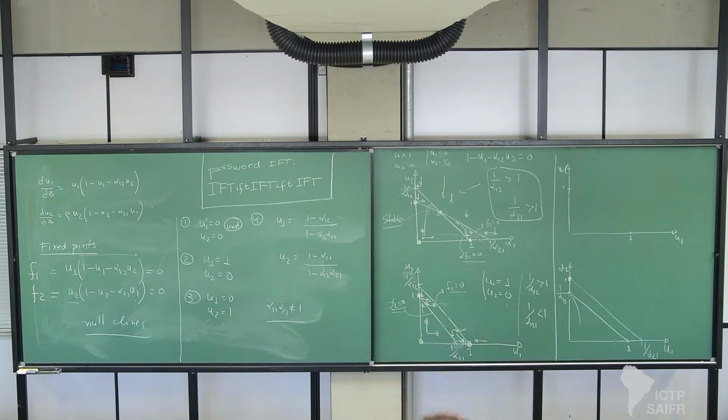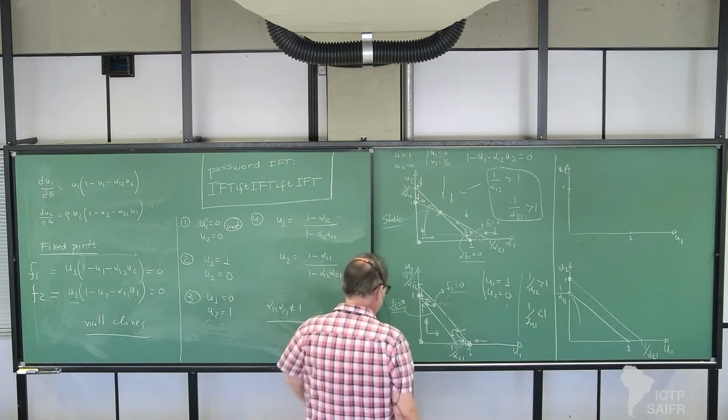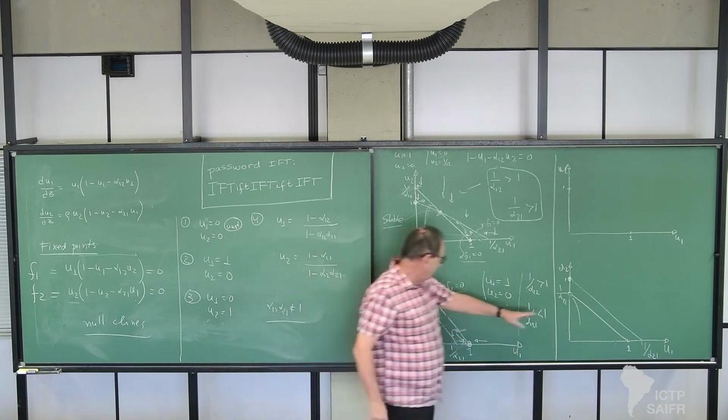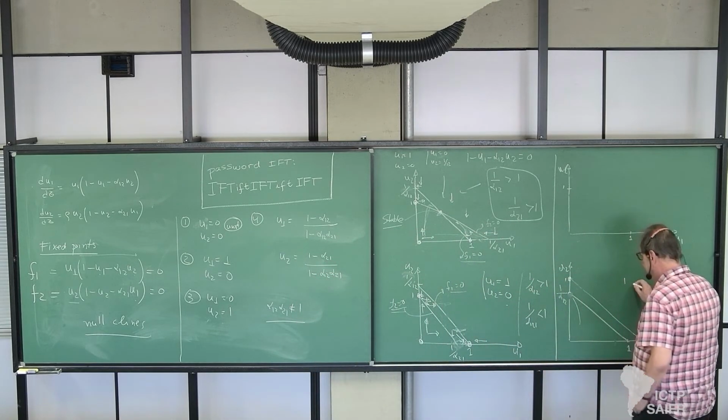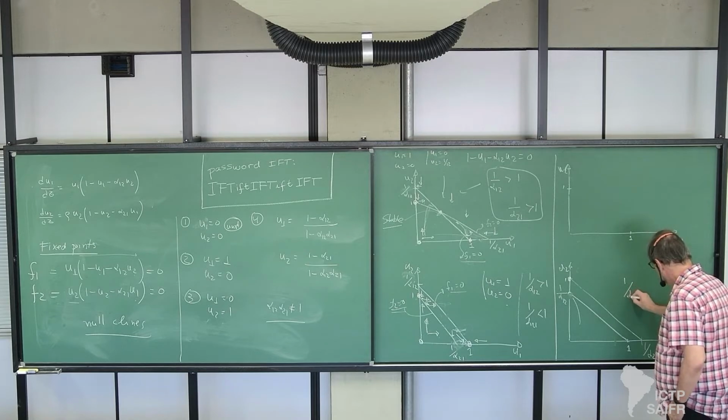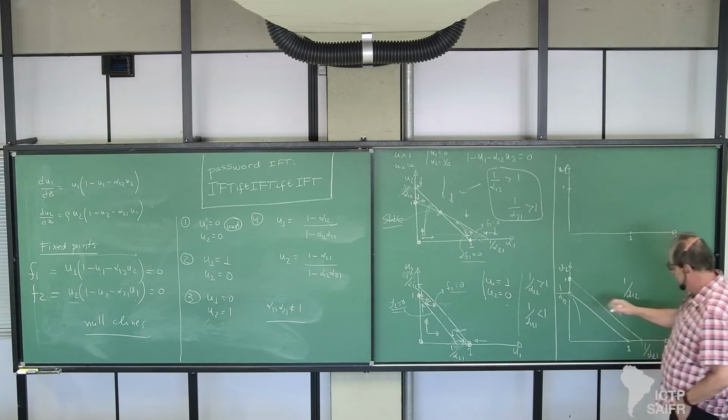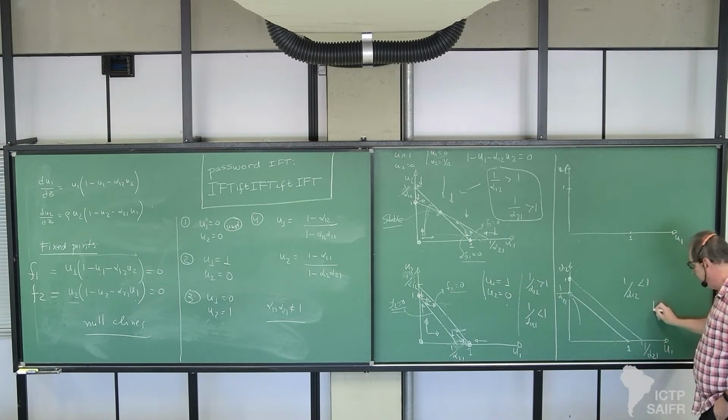Yes, in the first diagram, the point that is in the intersection between the lines is the number 4, right? The fixed point number 4. Yeah. Okay. So this is valid if 1 over alpha 1,2 is smaller than 1 and 1 over alpha 2,1 is larger.